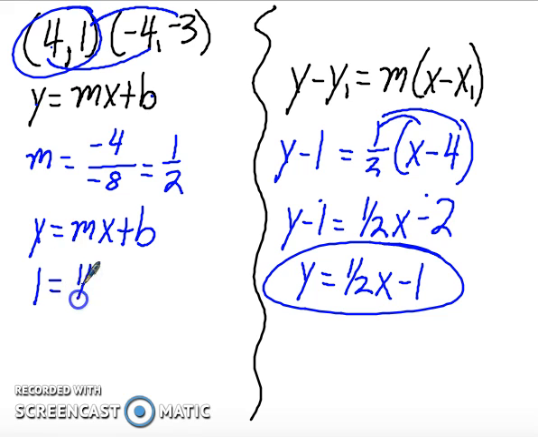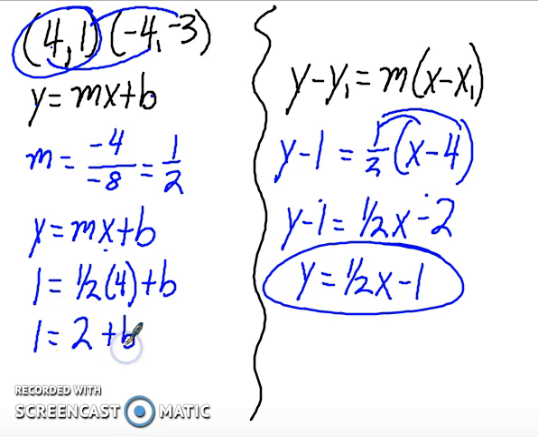M, our slope, 1/2. X, our x up here was 4, plus b. So we've got 1 equals 1/2 times 4, which is 2, plus b. Subtract 2 from both sides, and we find that our b equals -1. Now we have our slope and our y-intercept, so now we can write it in slope-intercept form.